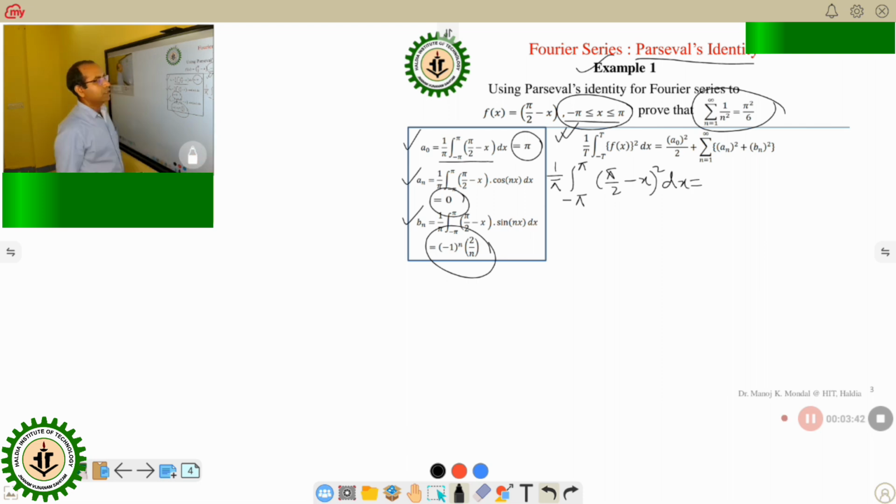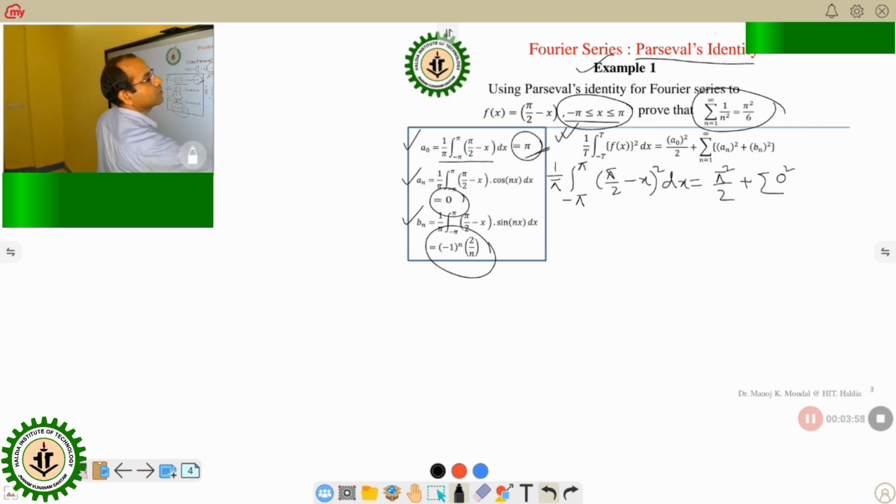On the right hand side, a0 squared by 2, a0 means pi, so pi squared by 2, plus the summation of an squared plus bn squared. An means 0, so 0 squared, plus bn means minus 1 to the power n, 2 by n, its whole square. Minus 1 to the power n squared is always positive, and 2 by n squared means 4 by n squared.